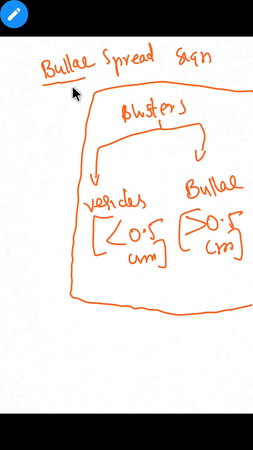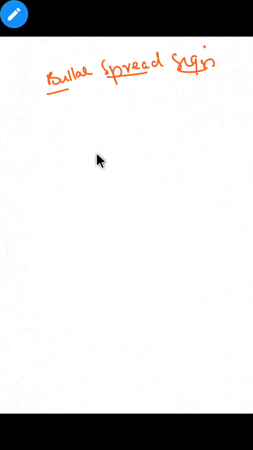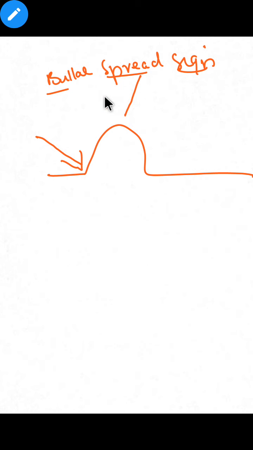Then we'll move to Bullae spread sign. This appears to be similar to Nikolsky sign, but there is a lot of difference. This is a blister, right? What we do here is, we apply tangential pressure, or in case of small blisters, we apply perpendicular pressure. When we apply pressure, the Bullae will spread forward like this.